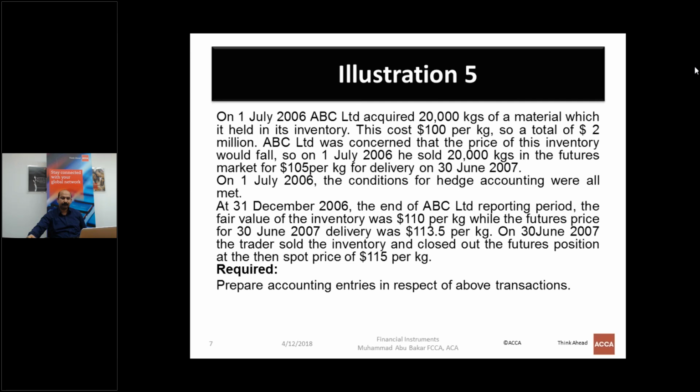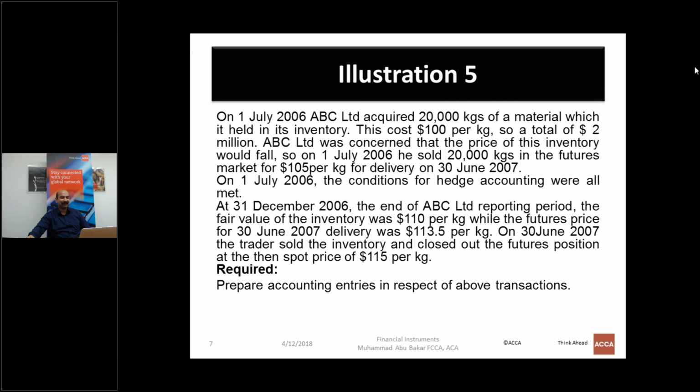In the meantime, Sanaullah saying very valuable session. Thank you, Sanaullah. And Muhammad Hassan saying mistakenly clicked on unacceptable. It is a very useful session, and ACCA should keep on organizing such sessions. Okay, thank you, Muhammad Hassan.